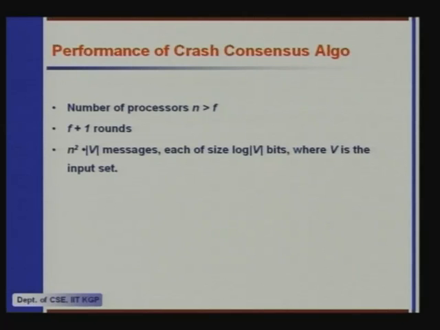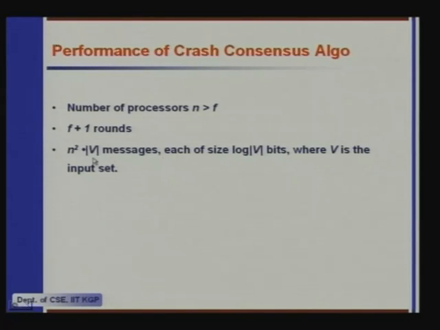Right. So, we have worked this with f plus 1 rounds, okay, and what is the number of messages? It is of the order of n square v, right. Now, I leave it to you to see how we reach this figure n square v.